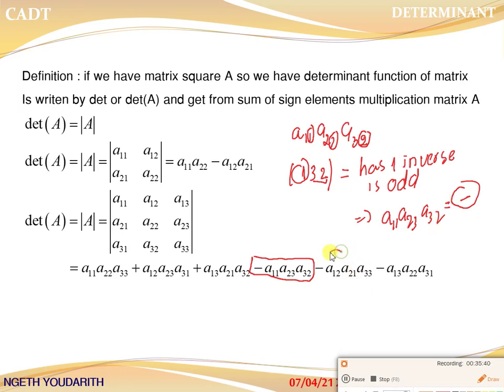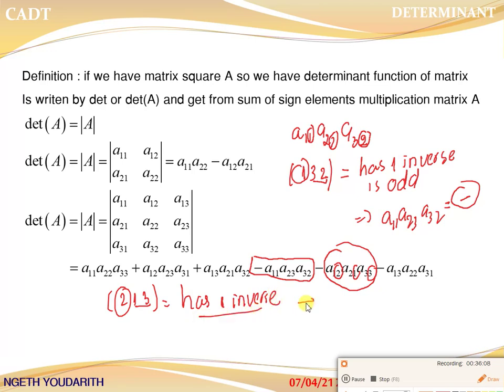So this one also, if we take this one, the columns 2, 1 and 3. Suppose 2, 1 and 3. On the right hand side of 2, the number smaller than 2 is number 1. Smaller than number 1 there is none. It has 1 inversion, so the sign is negative. But this one is positive. Why is it positive?